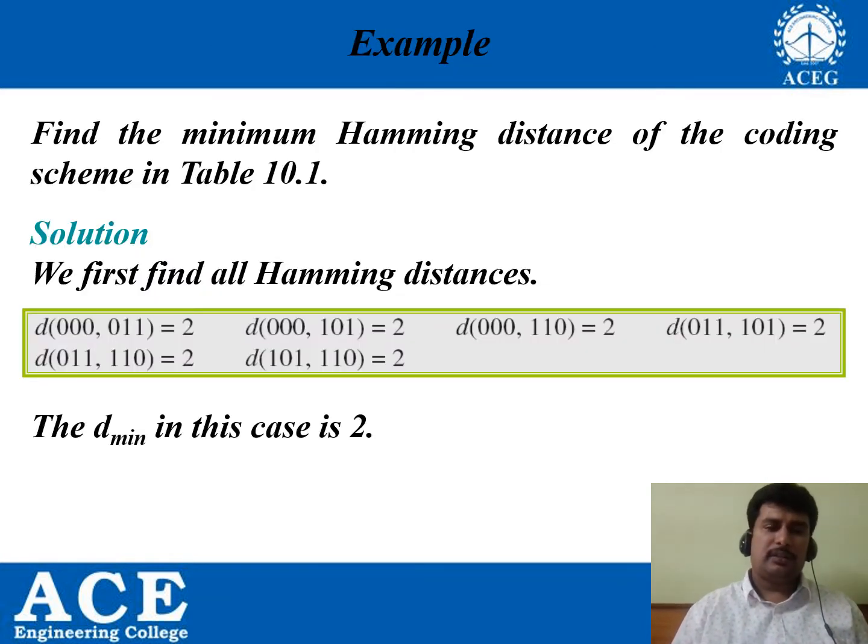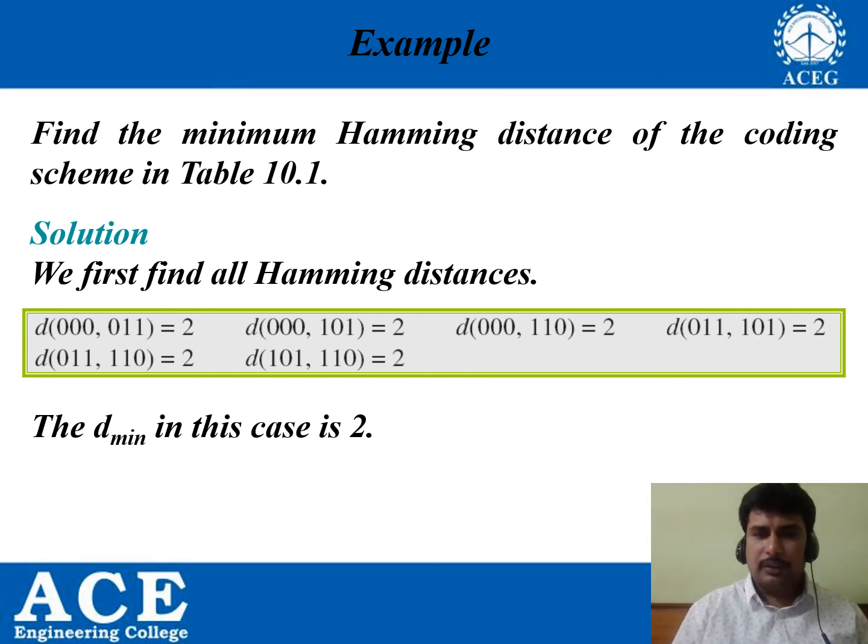Right. So a simple example, we have the combination like data is 0 0, 0 1, 1 0, 1 1.